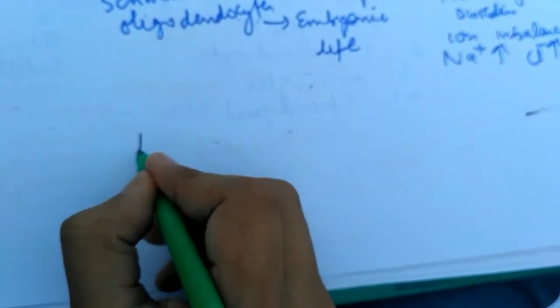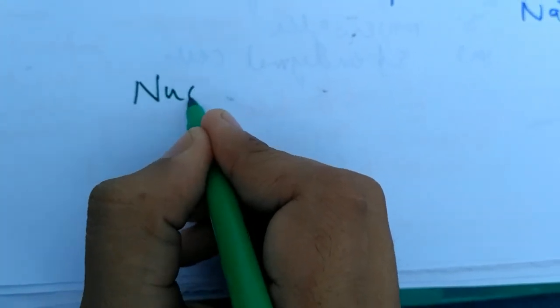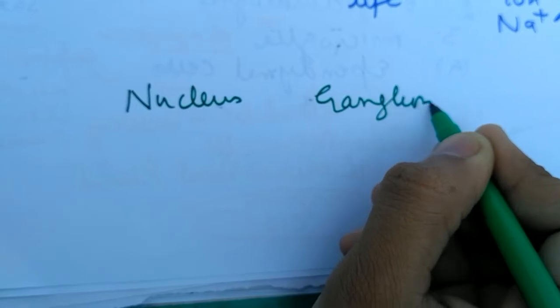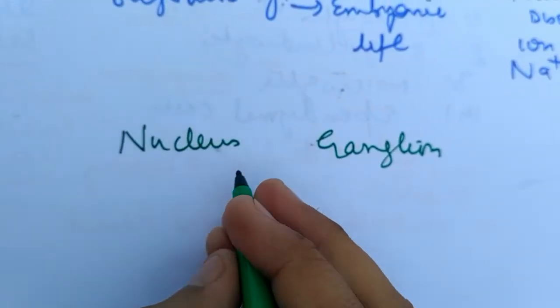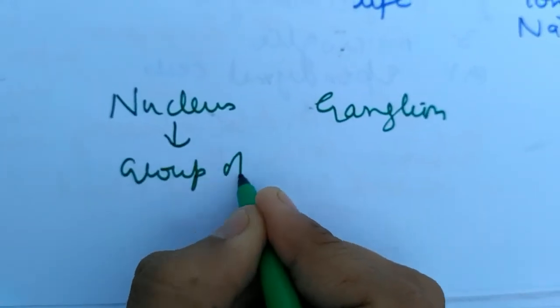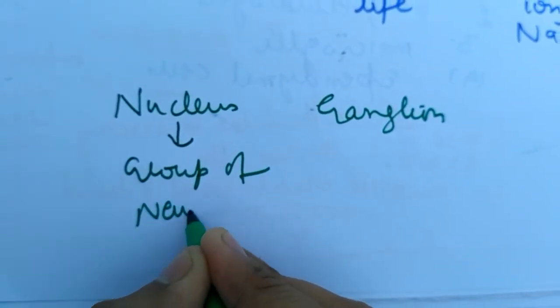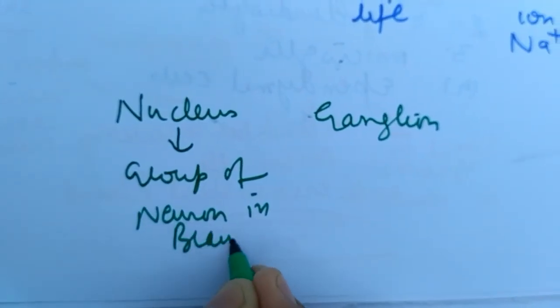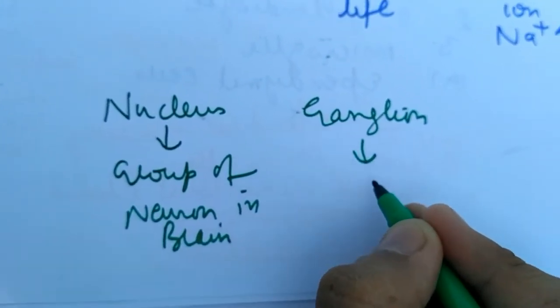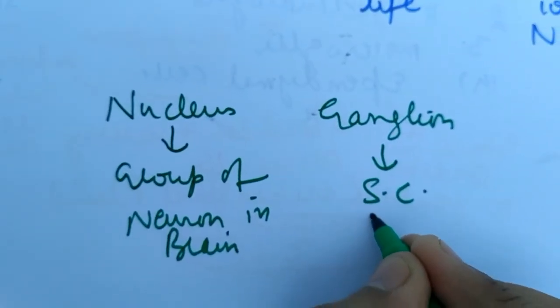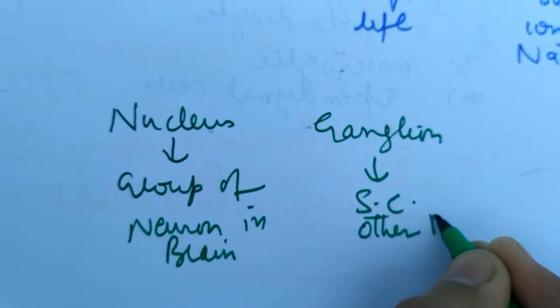Next is the nucleus and ganglion. A nucleus is a group of neurons in the brain, and a ganglion is a group of neurons in the spinal cord and other nerves.